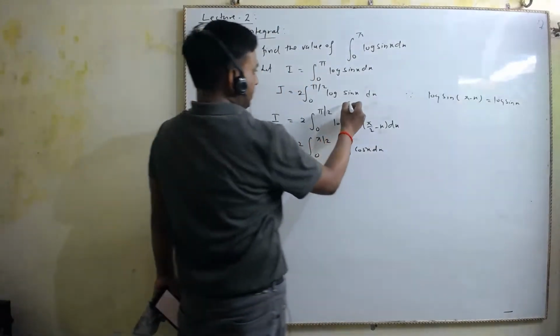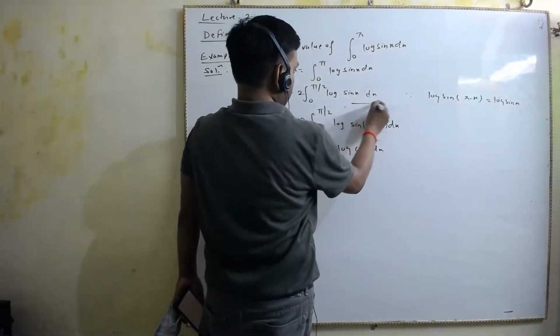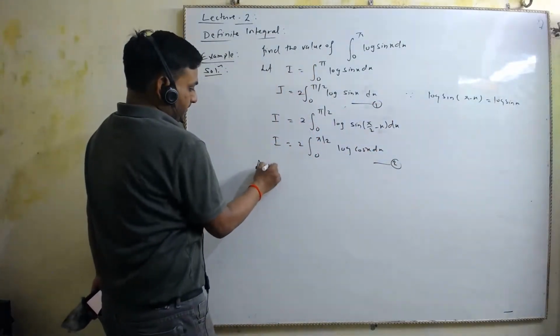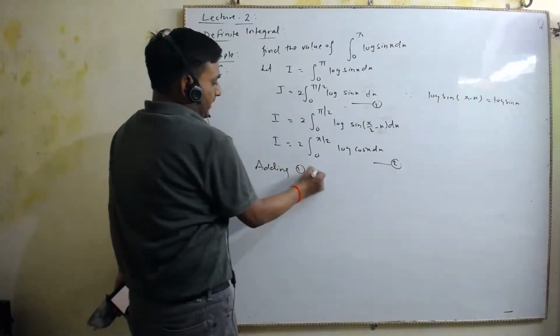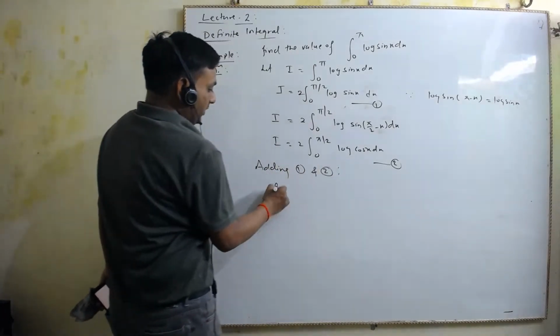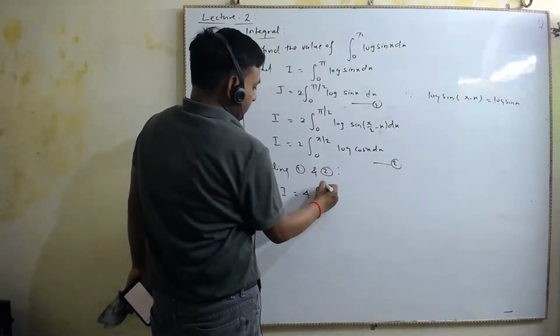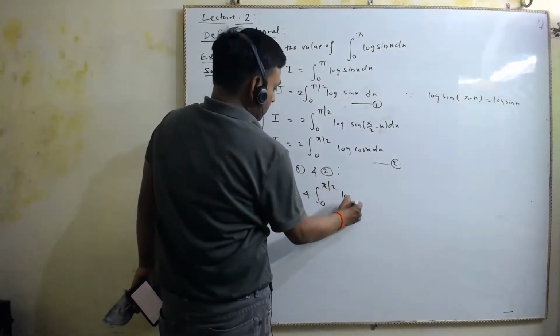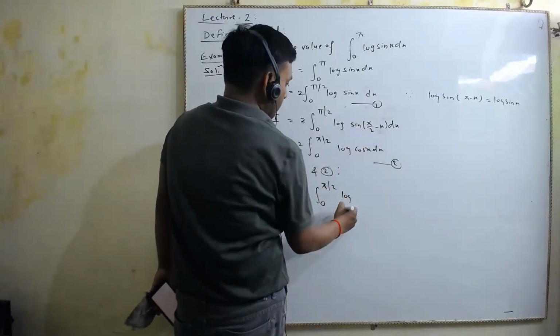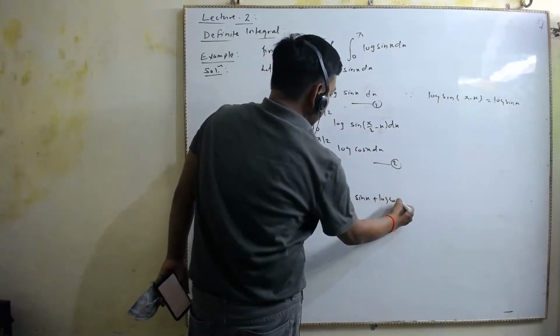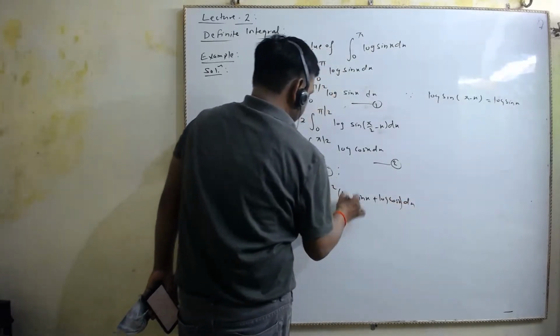So if I add this and this, adding 1 and 2, 2I equals 4 times the integral from 0 to pi by 2 of log sin x plus log cos x dx.